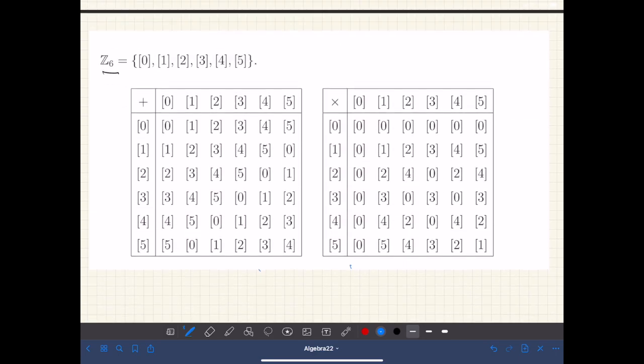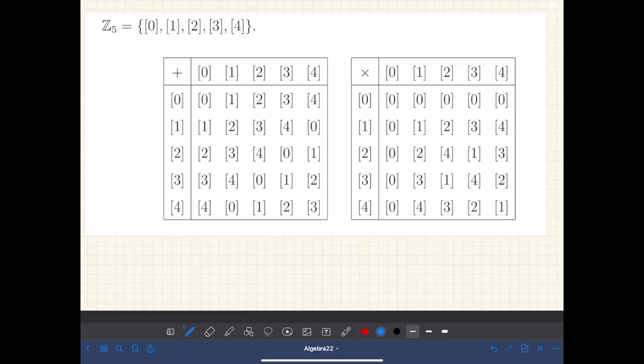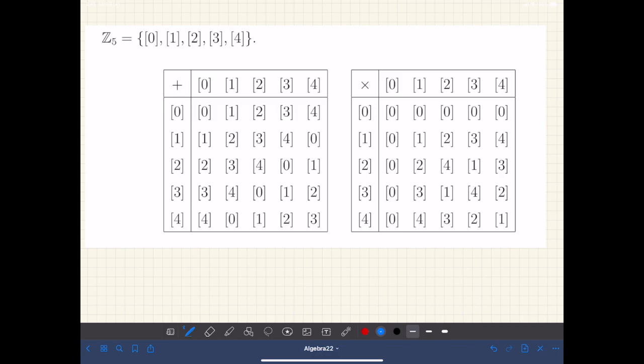For example, in the case of Z6, there are some proper divisors of 0, such as this one: 3 and 2 and 4. But in the case of Z5, there are no proper divisors of 0. So there are some differences and some similarities.